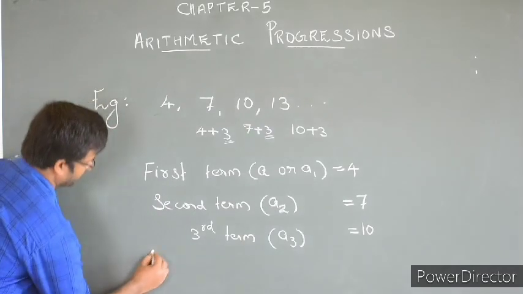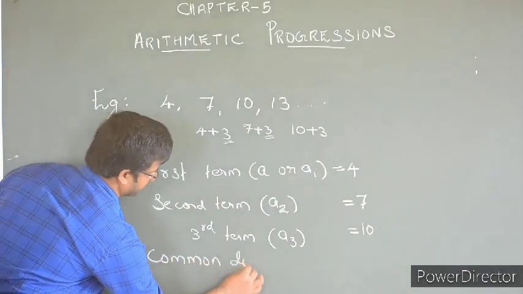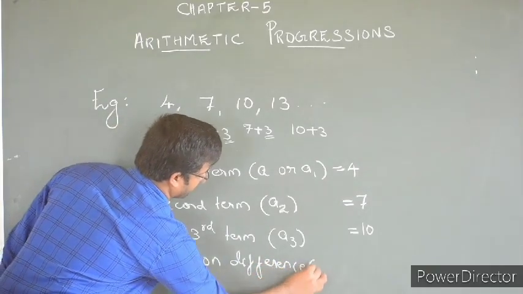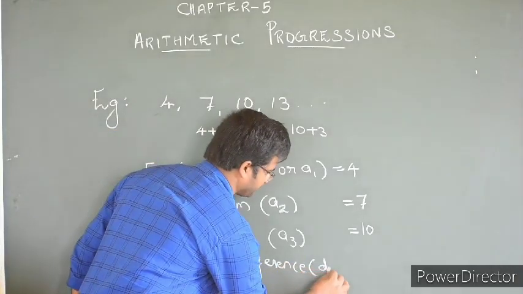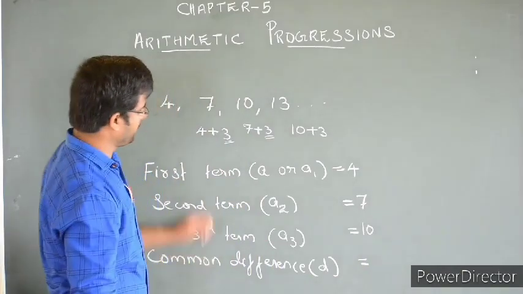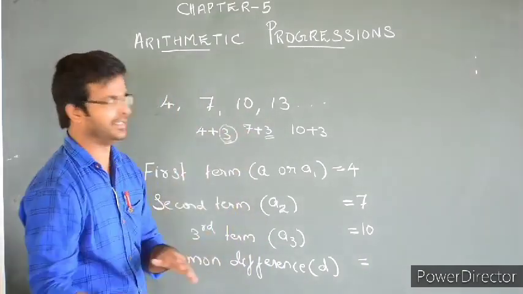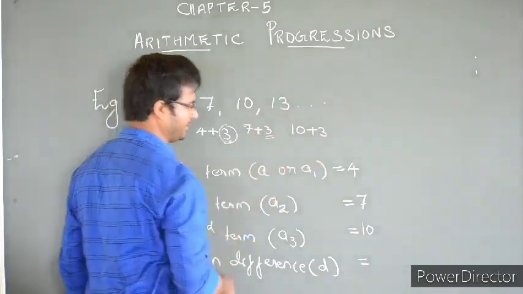Then common difference. Common difference we are going to represent as small letter d. Common difference means we are always using one common number for getting the next term. That is 3. In here also 3. In here also 3.